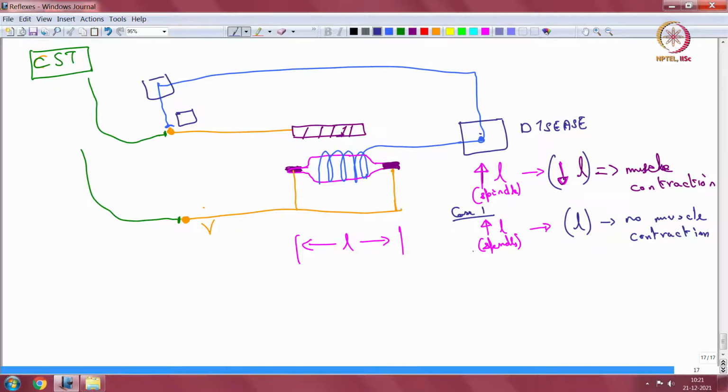So, we will look at case 2. Again, increase in length of the spindle causes no change in length because the logic remains the same. So, you have anywhere in this, this is in the neuron, this is in the tract somewhere, the logic remains the same. So, we will check the third case.